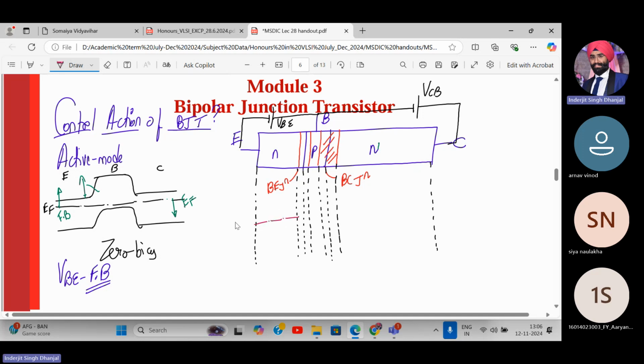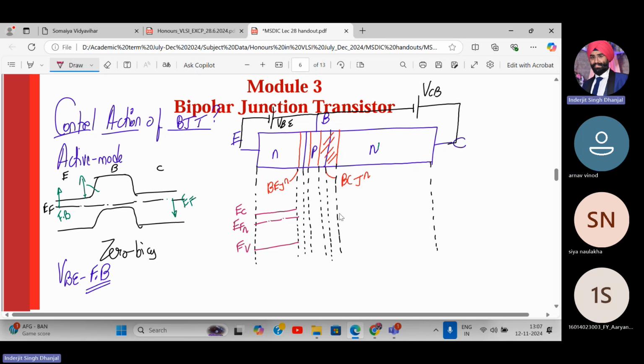This is my Fermi level, EFN, let's say. Where will my conduction band come? Here and here, right? This is my conduction band. Agree? Yes or no? Yes, sir.